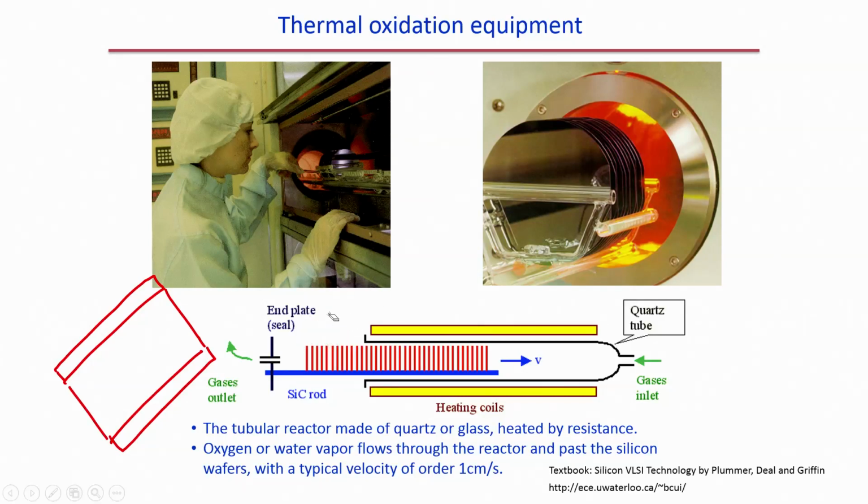So, once we have silicon dioxide grown on the silicon wafer, let us say we have optimized the parameters and we have grown 1 micrometer of silicon dioxide.